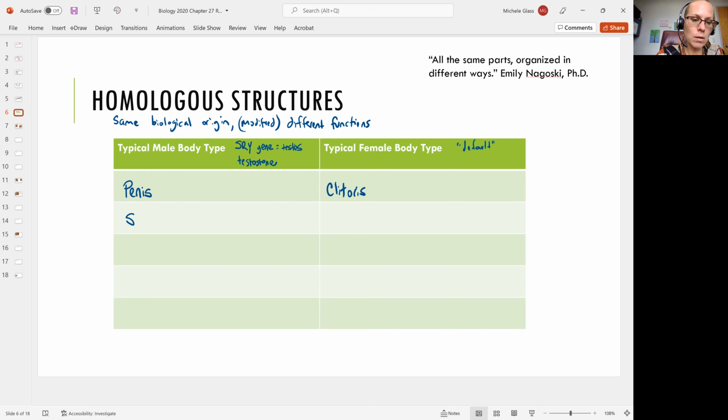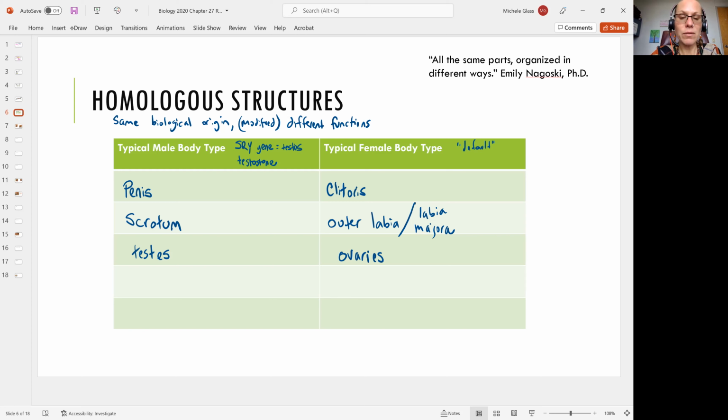We'll see in the male body type that we get the formation of the scrotum, which is holding the gonad. But in the female body type, we get what we're going to list here as outer labia, or we can call them more technically labia majora. And then we have also gonads, of course. So in the male body type, we see testes forming, and in the female body type, we have ovaries forming.